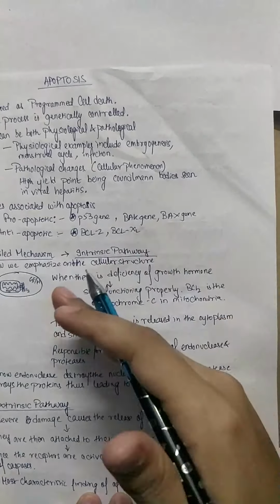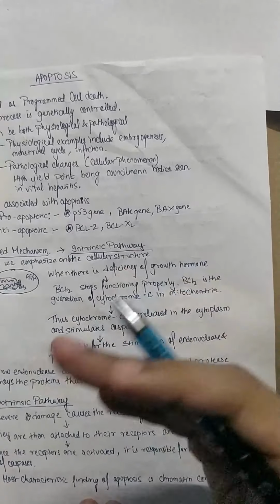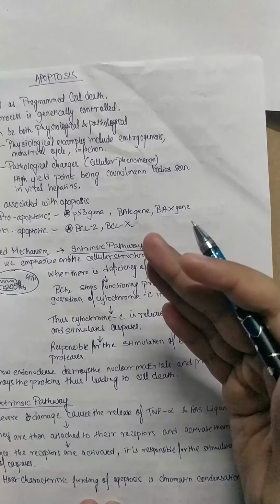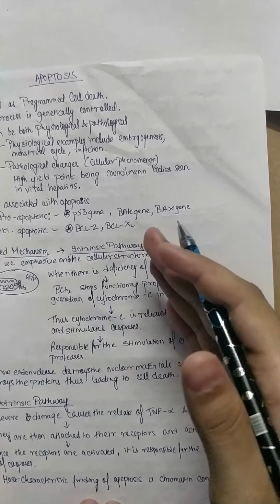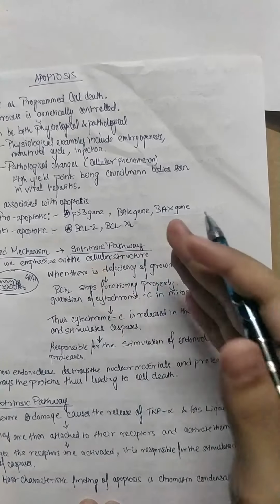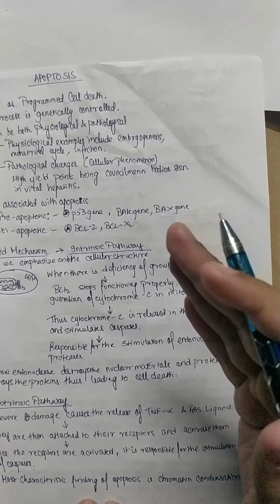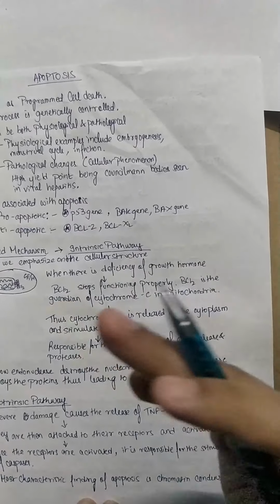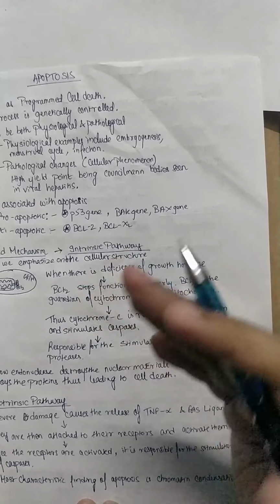Now, shedding some light on the extrinsic pathway. What happens in the extrinsic pathway? If severe damage has occurred to a cell, it causes the release of TNF alpha and Fas ligand. What happens after that is they attach to their receptors and activate the receptors.